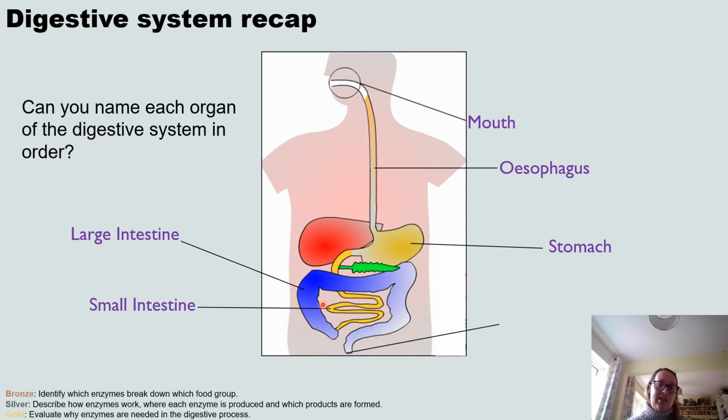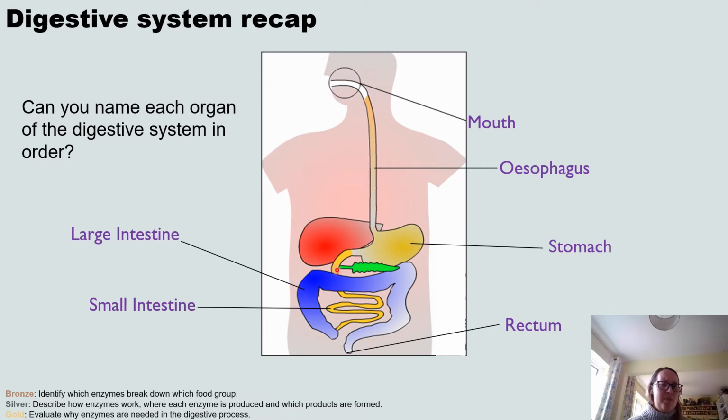And then we've got the small intestine, which is here. So it goes from the mouth to the esophagus to the stomach, and then the small intestine, and then it goes into the large intestine. And then you've got the rectum. So that is where the waste exits the body. Also the small intestine has 3 parts to it.